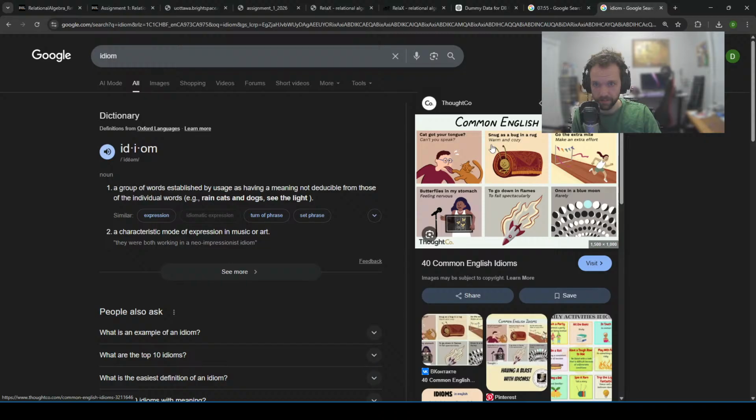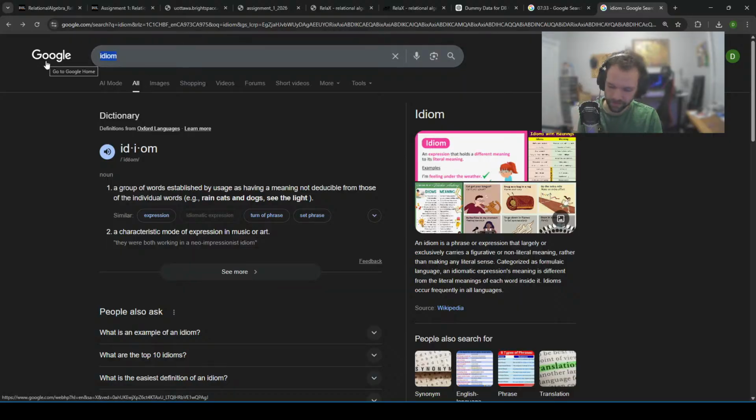Cat got your tongue. Yeah, you can't really understand what cat got your tongue means when you don't speak English. You just haven't heard it. Snug as a bug in a rug. So what idiom was I talking about? When all you have is a hammer, everything looks like a nail. Is that an idiom?